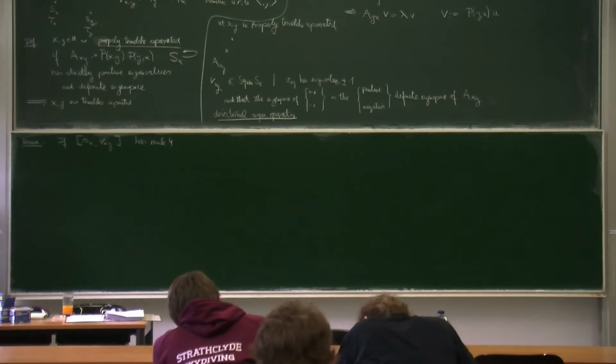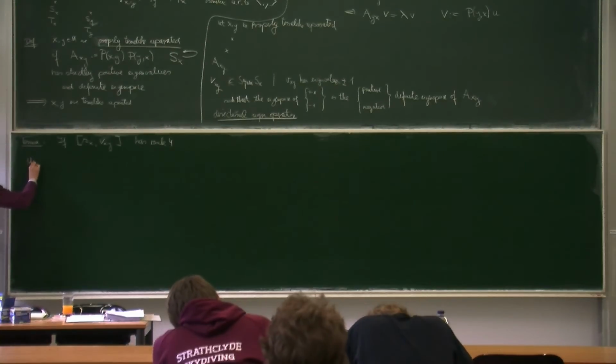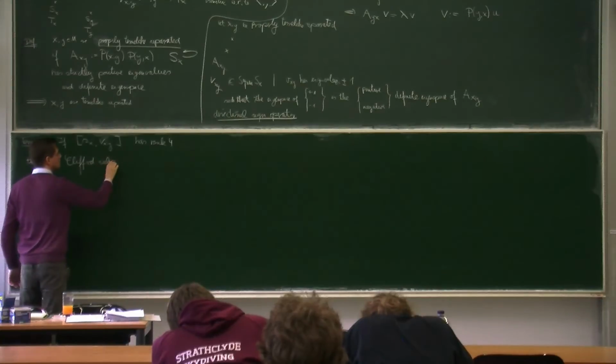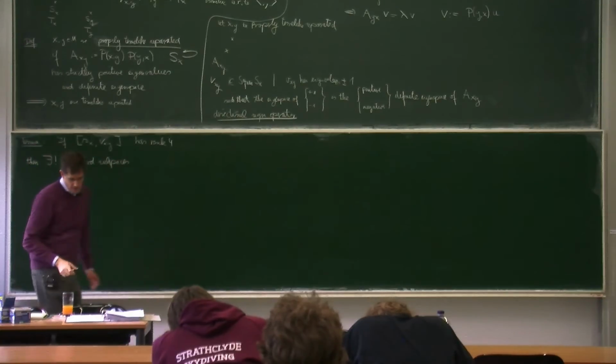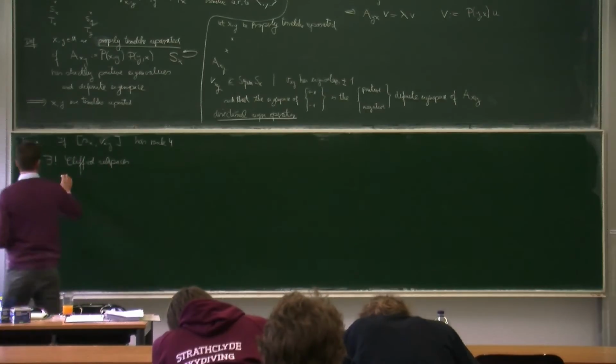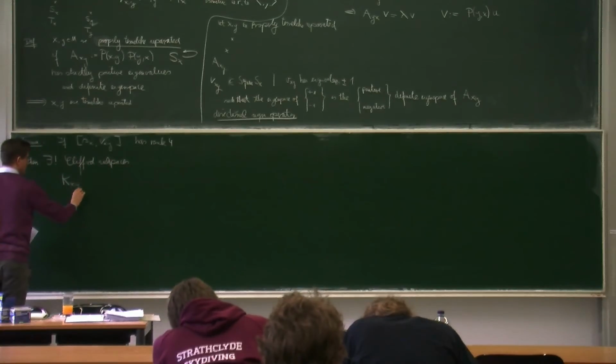So if this has rank 4, then there are unique Clifford subspaces, and they can be expressed as follows. First of all, there's a Clifford subspace called K_xy.